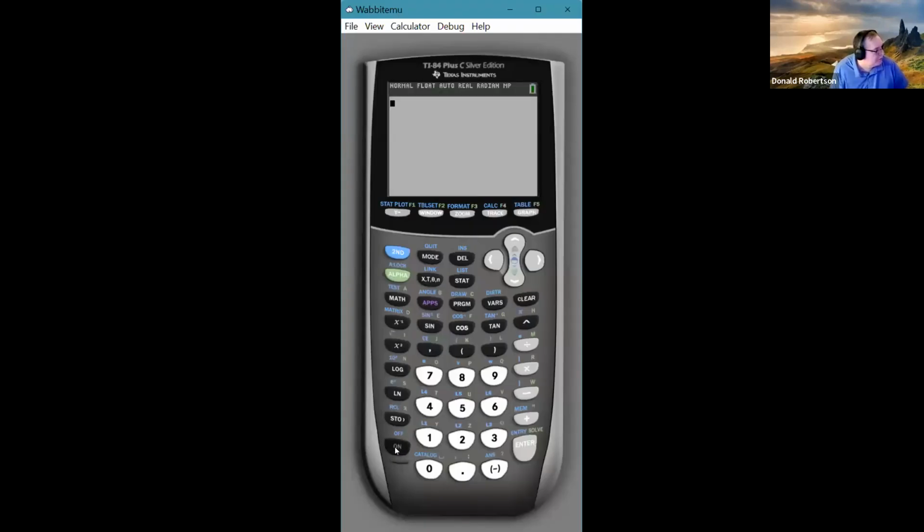Are you looking at the TI-84 emulator right now? Yes, sir. Okay, so I'm going to take that list of numbers and find the mean and standard deviation as we always would. And then I'll talk about this third guy called variance.